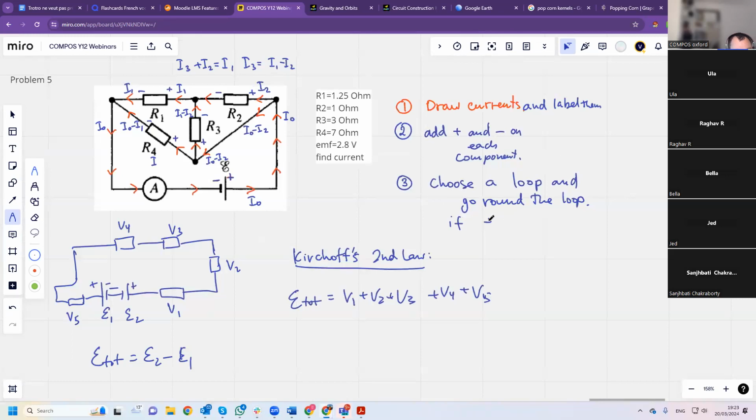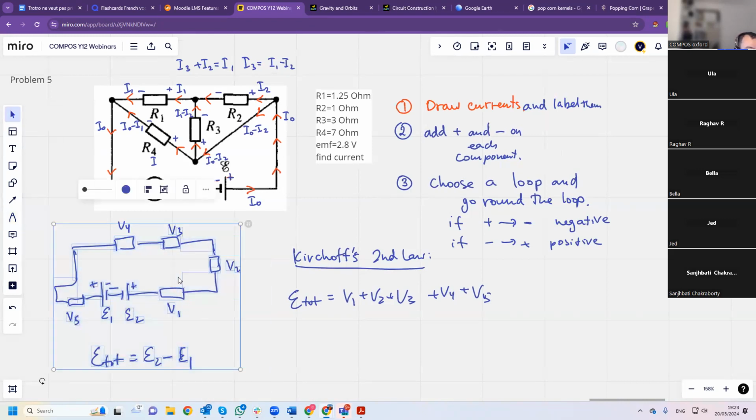If you go from plus to minus, it's going to be negative because you're losing energy. If you're going from minus to plus, it's going to be positive. Let's see how that works. You're going around the loop, adding voltages.